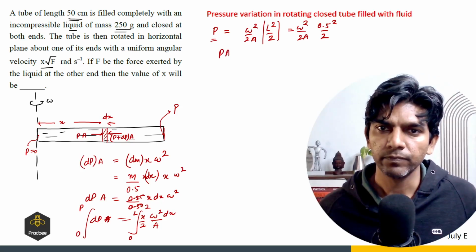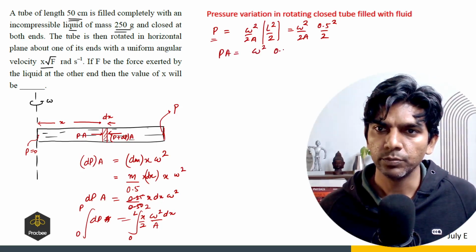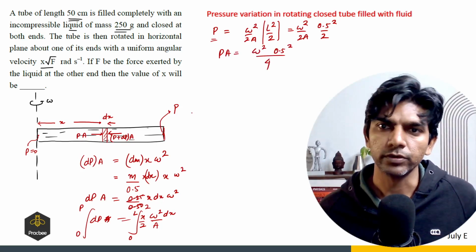So PA will be omega square times 0.5 square divided by 4.